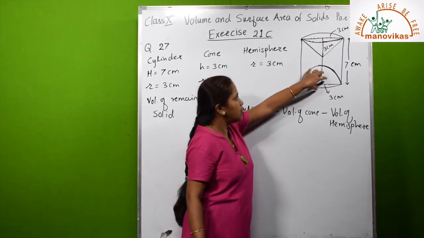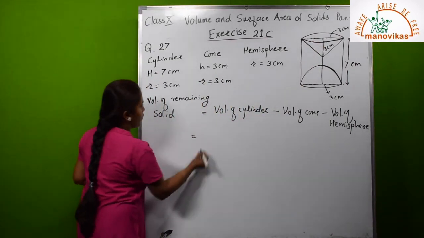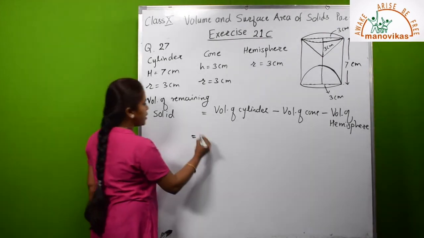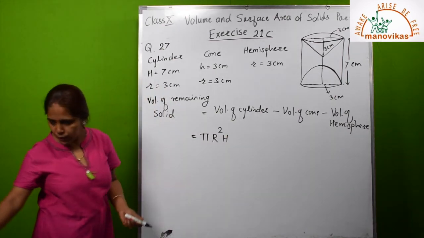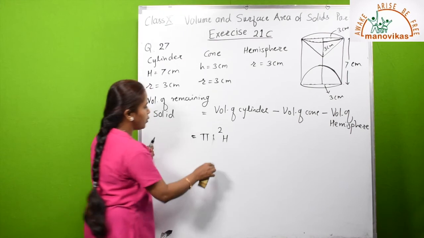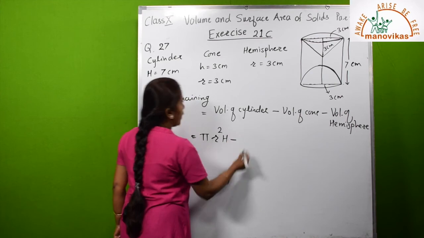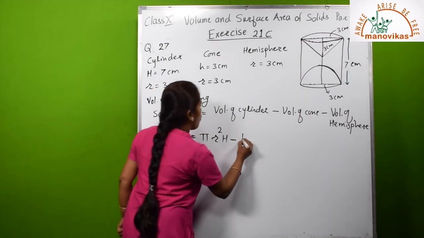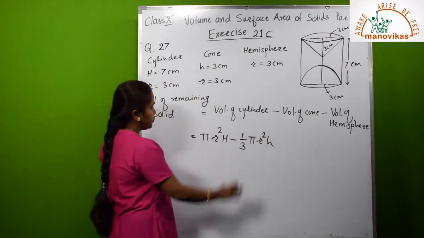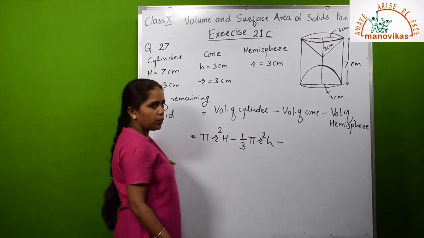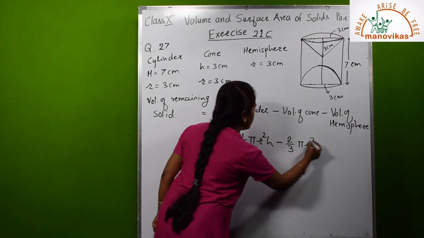From these two parts we have to remove. So volume of the remaining solid is equal to volume of a cylinder. Formula is pi r square h, but r here everywhere is same, so I am using the same notation, that is pi r square h, minus volume of a cone 1/3 pi r square h, minus volume of a hemisphere 2/3 pi r cube.